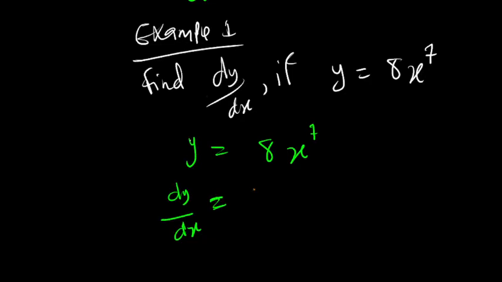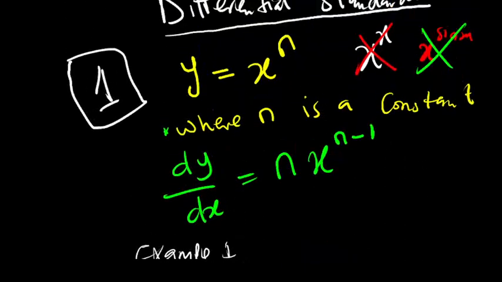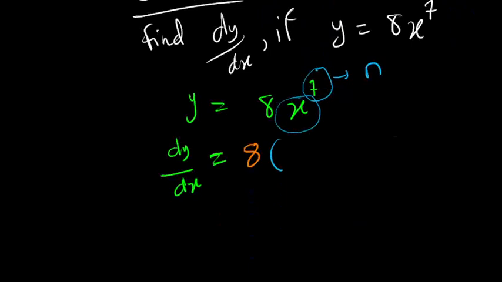That means I will put 8 here, and I will focus on x raised to power 7. Now, according to the standard, this is my n, this is my x. According to the standard, n is coming down. That means 7 is coming down.